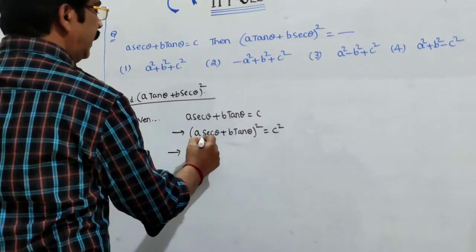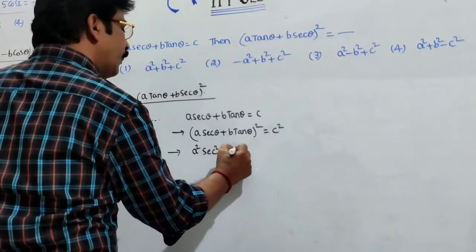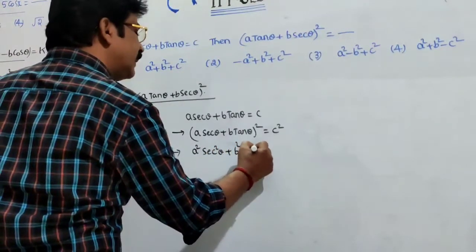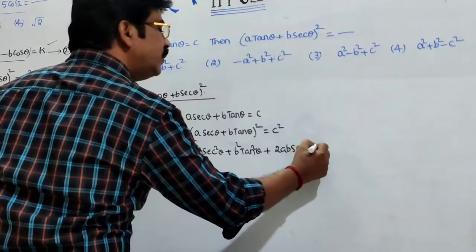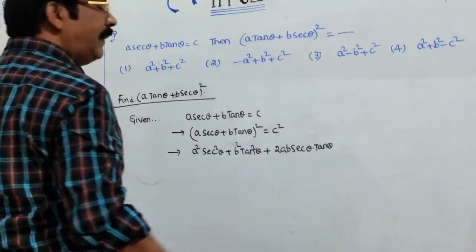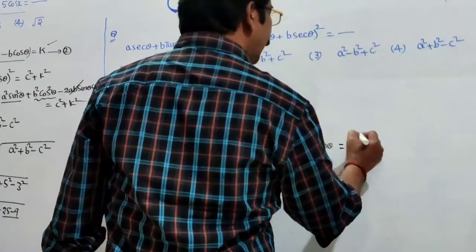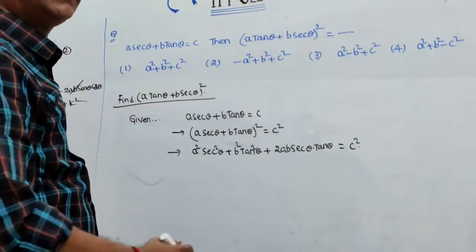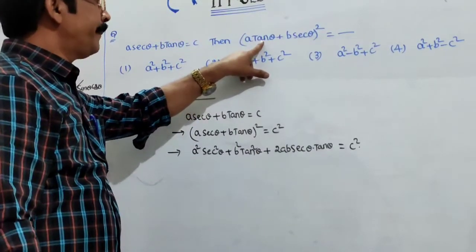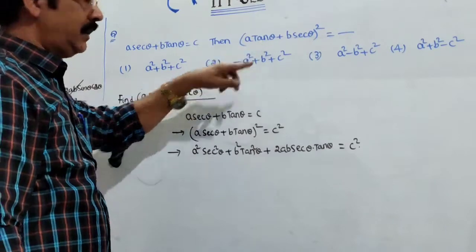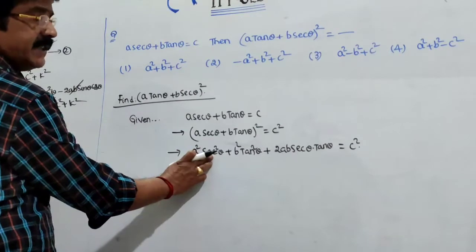So that implies, using the x plus y whole square formula, a square secant square theta plus b square tan square theta plus 2ab secant theta into tan theta is equal to c square. Okay, I will take another method for this question. In the question, a tan theta means the coefficient of a is tan. But in this step, the a square coefficient is secant square.